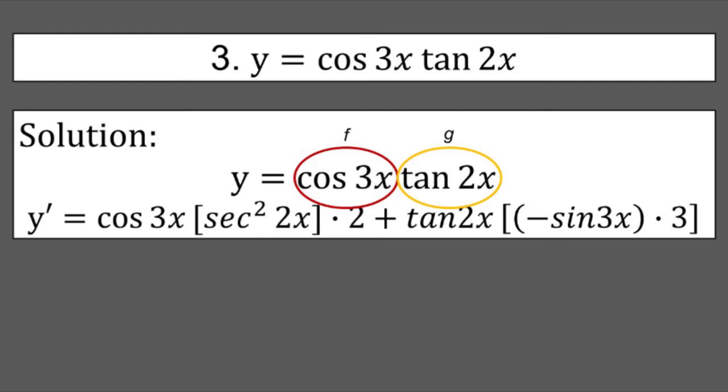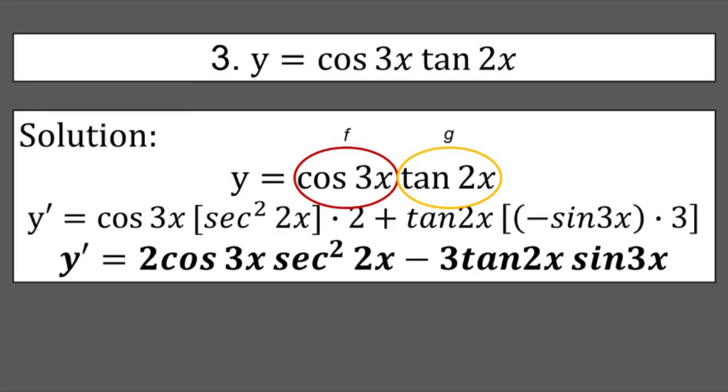We have y prime equals cosine 3x multiplied by secant squared 2x times 2 plus tangent 2x multiplied by negative sine 3x times 3. Let's distribute and then we arrive at the final answer of y prime equals 2 cosine 3x secant squared 2x minus 3 tangent 2x sine 3x.